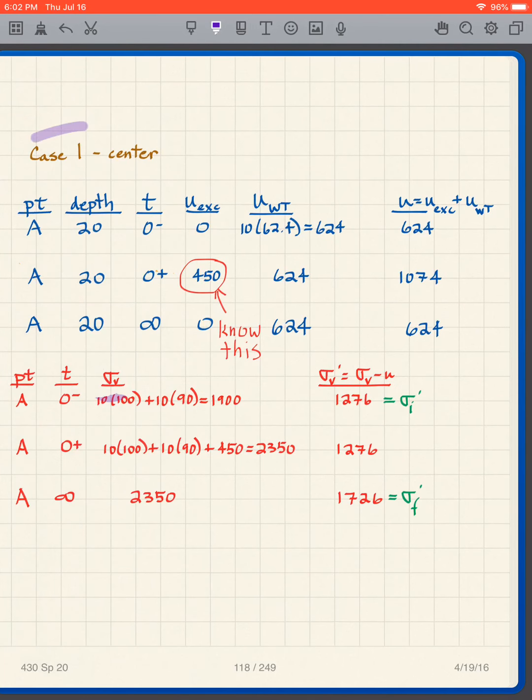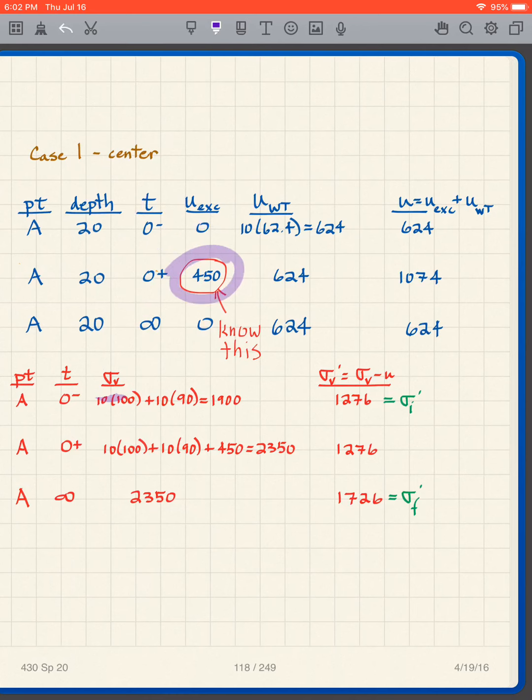Okay, so let's go for case 1, the center, and we set up our table. Again, the usual, we have t equals 0 minus, t equals 0 plus, infinity. And again, now we want the UXS first, because that's the hardest thing to get. Well, what's my UXS going to be?